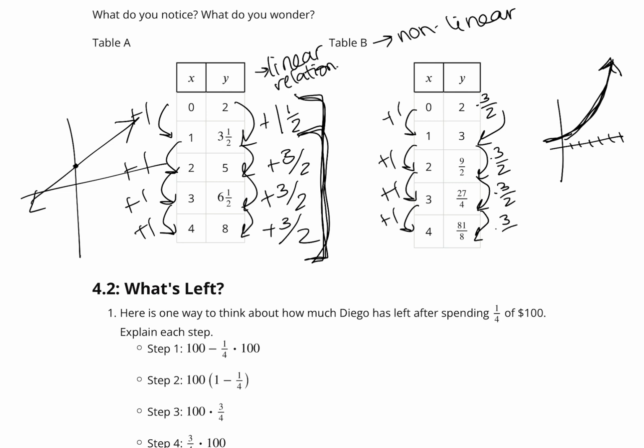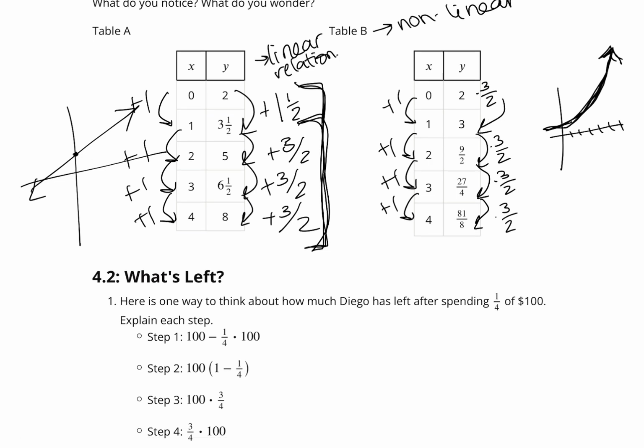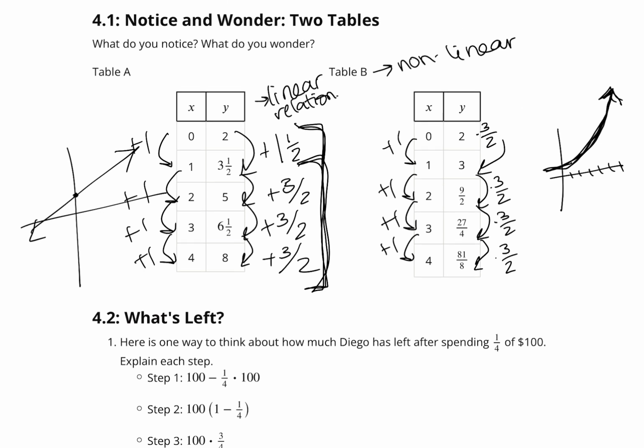And so we are multiplying by 3/2 as x increases by 1. If we are multiplying, then I know that it's going to be an exponential relationship here, because we're multiplying by powers of 3/2. One thing I wonder is what these different tables could represent, like what real life situation, or what's the context here, what's the relationship between these variables.